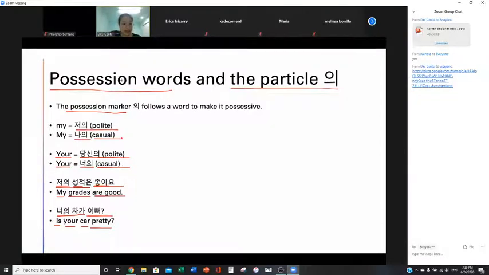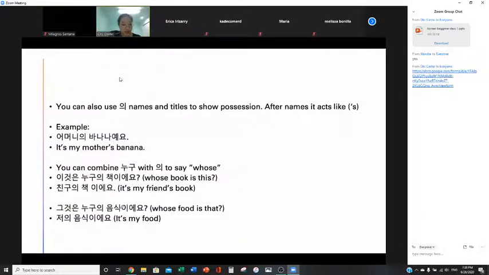It wouldn't make sense if you put 저의 차가 이뻐. It's not equalized. When you're making a sentence, if your possession word is polite, then the verb should also be polite. If you're using casual for the subject, then you also use the casual verb.